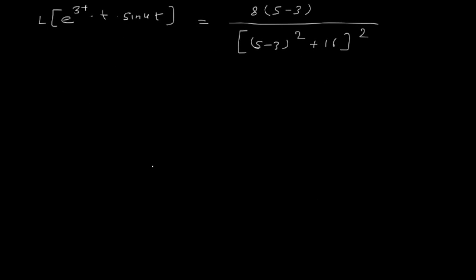So if I simplify denominator, I will get 8 into s minus 3 upon, here it is s square minus 6s plus 9 plus 16 is 25, so plus 25 the whole square.